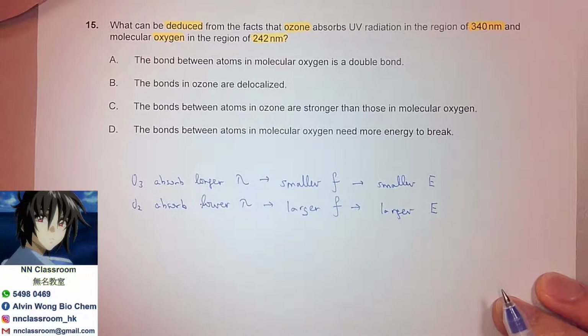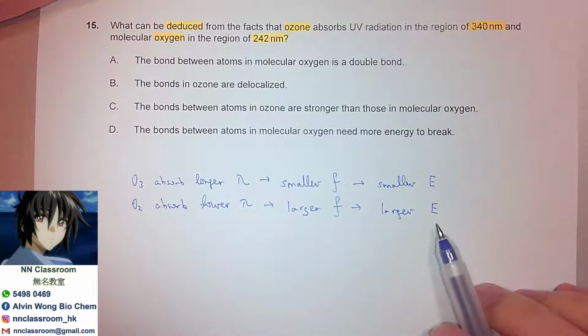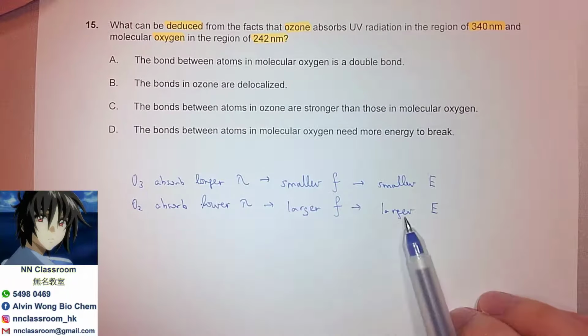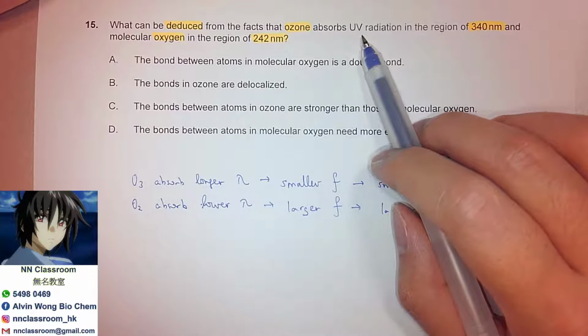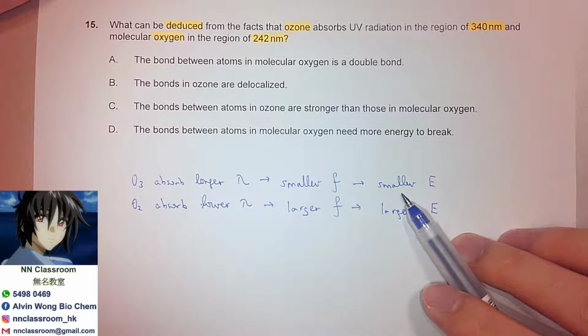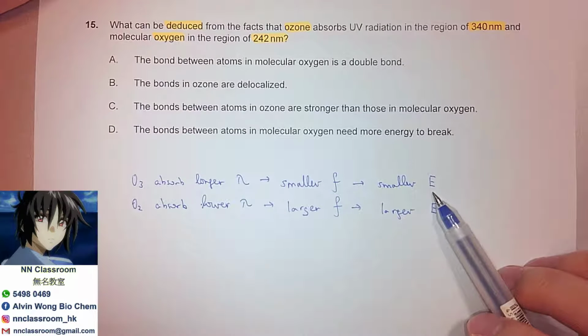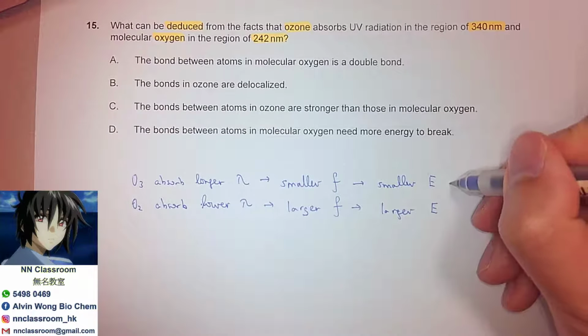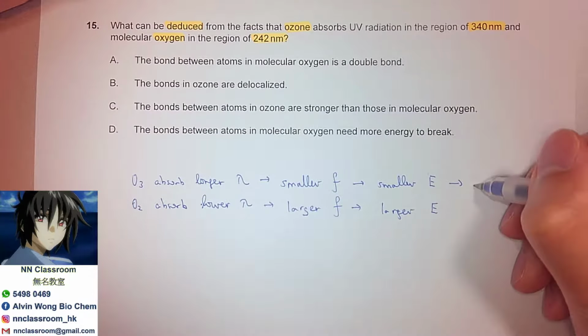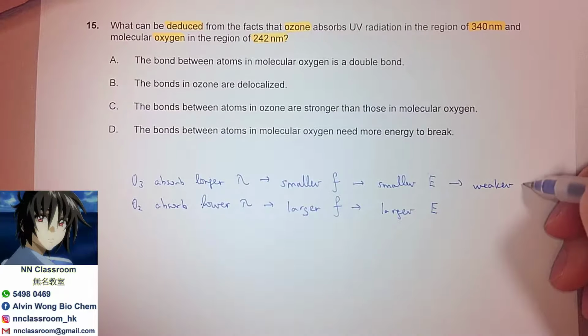And let's think of it more. What is the energy being used for? Supposedly, if you shine a beam of UV radiation on a molecule, what you are doing is breaking a bond. Because O3 just requires a smaller value of energy, what we can deduce from this fact is that the smaller the energy required, the weaker the bond.